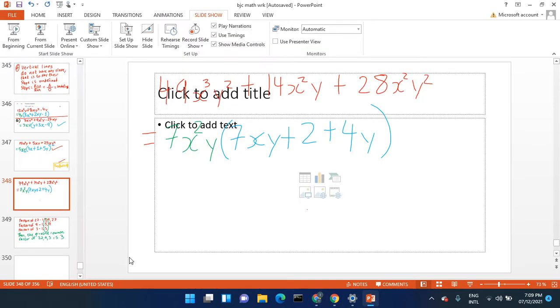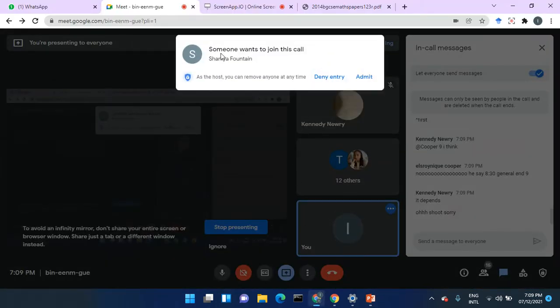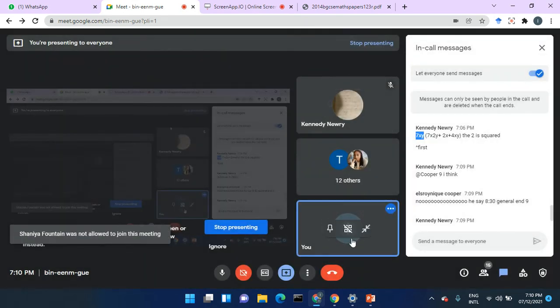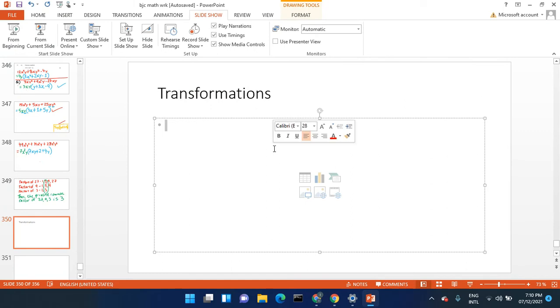Anyone familiar with transformations? This is not Shania Fountain. This is not even how she spells her name. I don't see a picture, and she hasn't messaged me yet to tell me she is trying to get in. That's not how she spelled her name, so that can't be her.